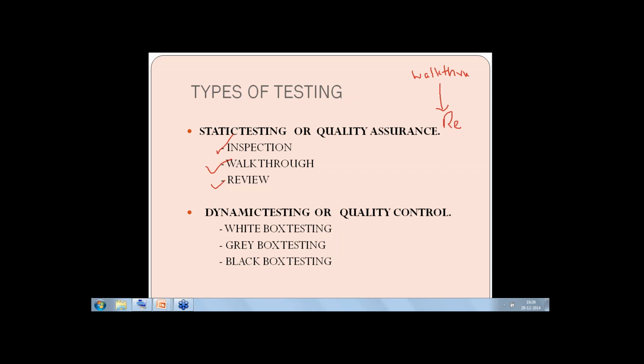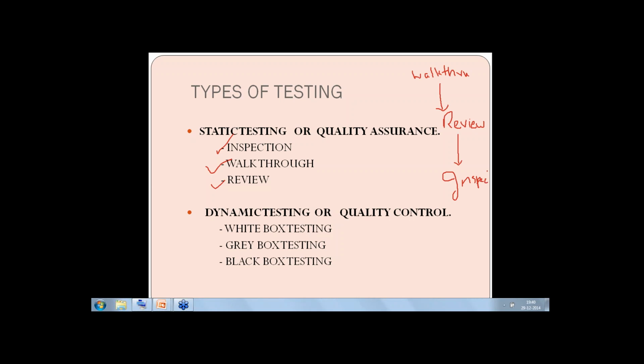Review is a process in which you review a document to check if there is any anomaly or not. Review will always be conducted after a document is completely made, and once the review is done, then you go for an inspection, in the order in which I'm showing you. This is the way you can do your static testing.